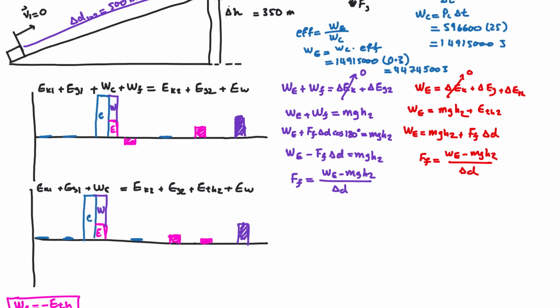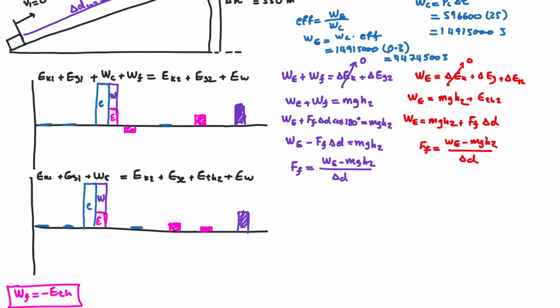Go back and plug all of those in, and it doesn't matter which, they're both the same equation in this case, so I'm just going to go back and write in black. Force of friction is equal to WE, which is 4,474,500 minus the mass, which was 1200, 9.81, and the height, which is 350.